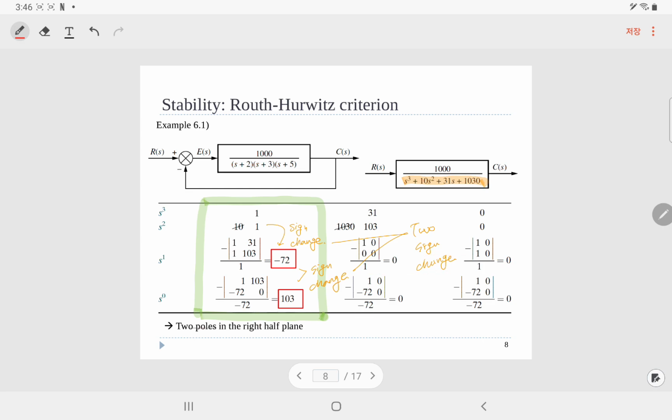So we can say that this closed loop system has two poles in the right half plane in the s plane. So the final result is that this system is unstable. Okay, that's very simple.